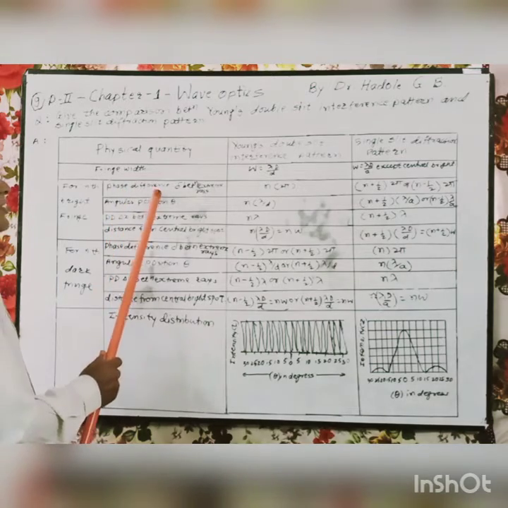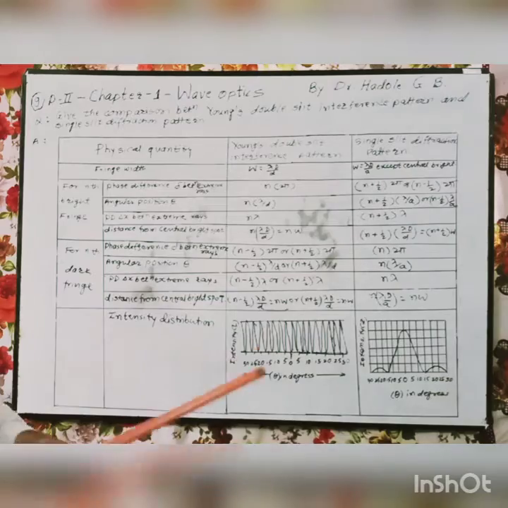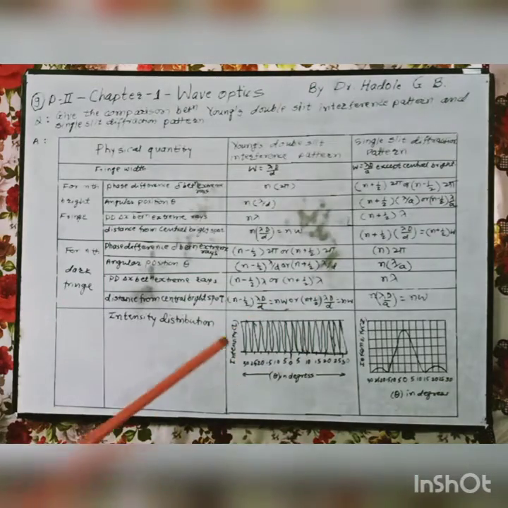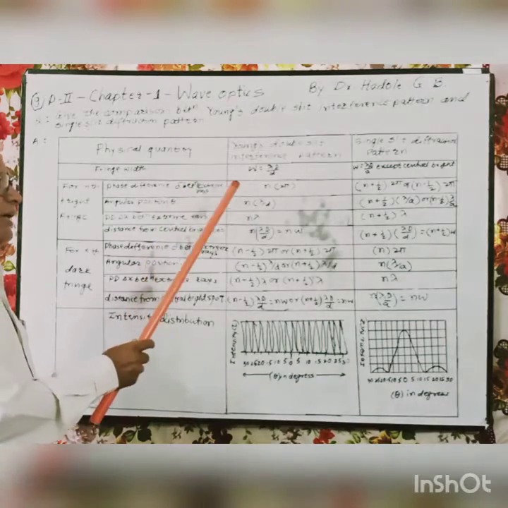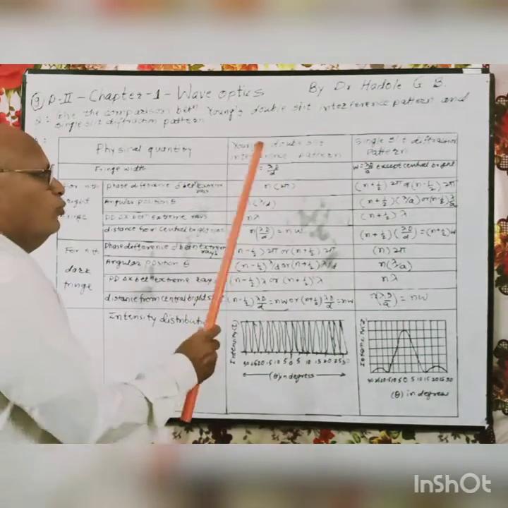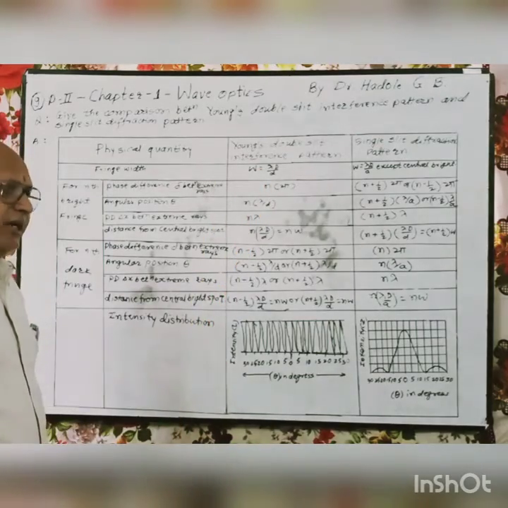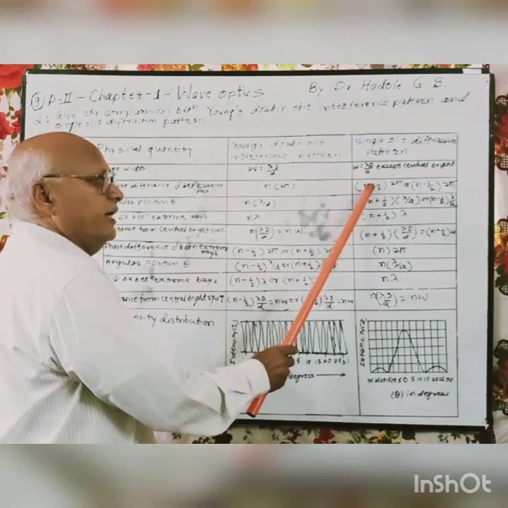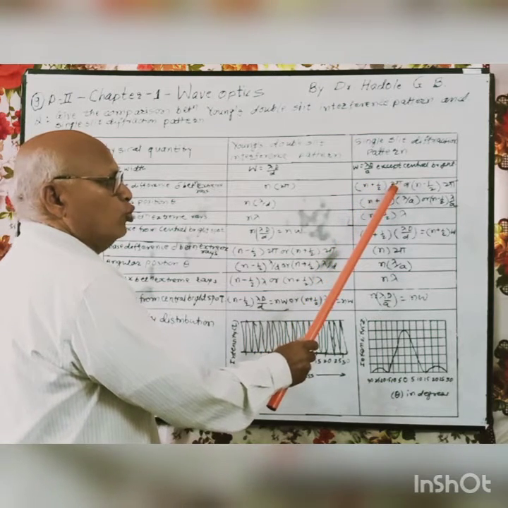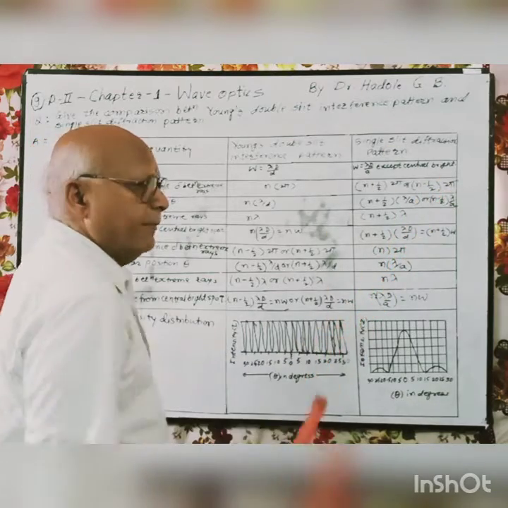First is the phase difference delta between extreme rays. For interference, the phase difference between them is n into 2 pi, where n is an integer. Here, for diffraction, it is n plus half into 2 pi or n minus half into 2 pi.